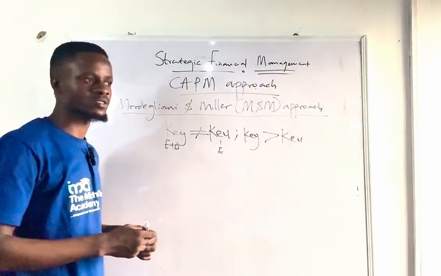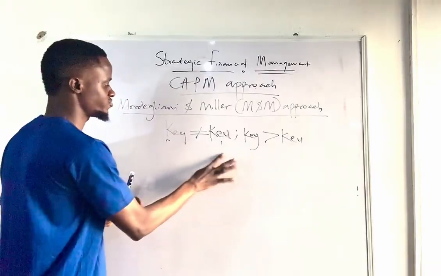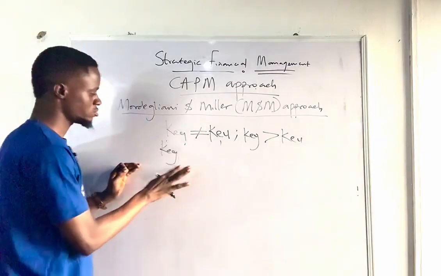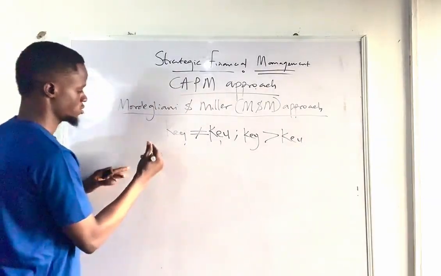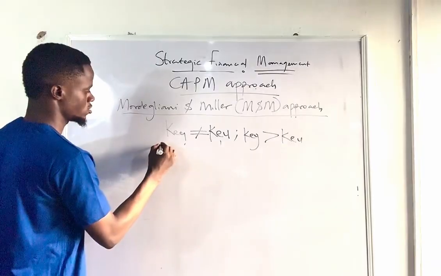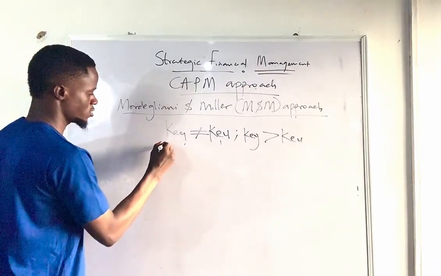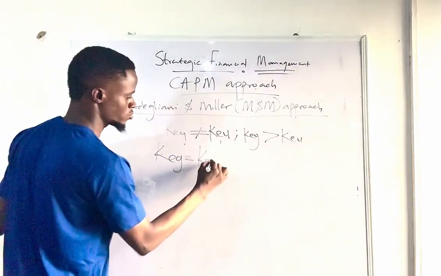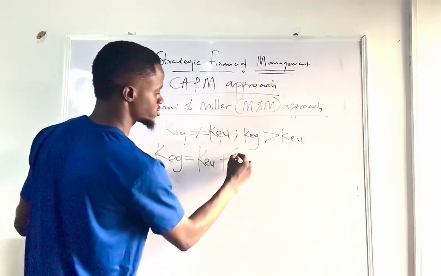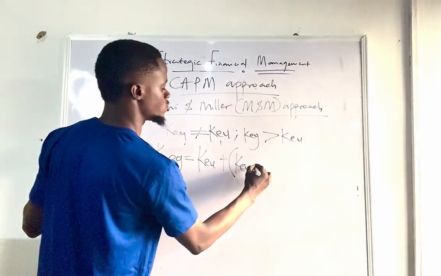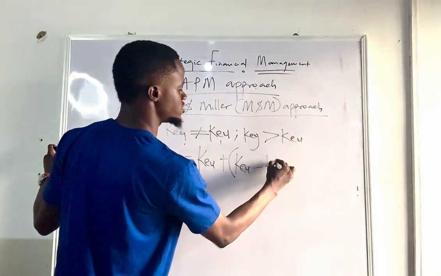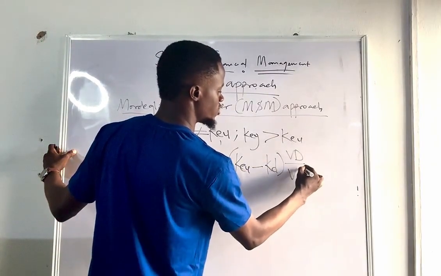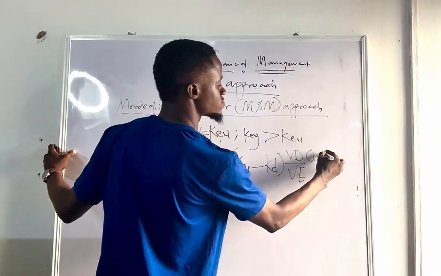So here's the formula. In order to determine your cost of capital, the formula is this: Keg is equal to K plus bracket K minus KD, value of debt over value of equity, and of course tax, that is 1 minus tax percent.